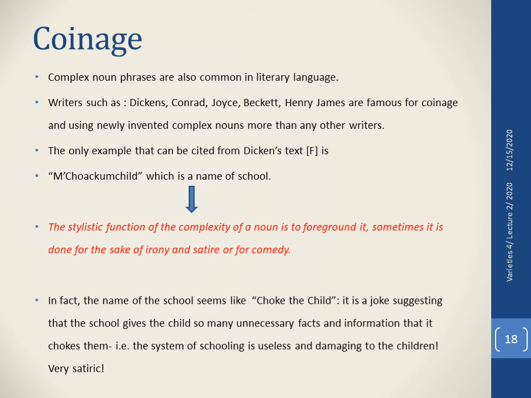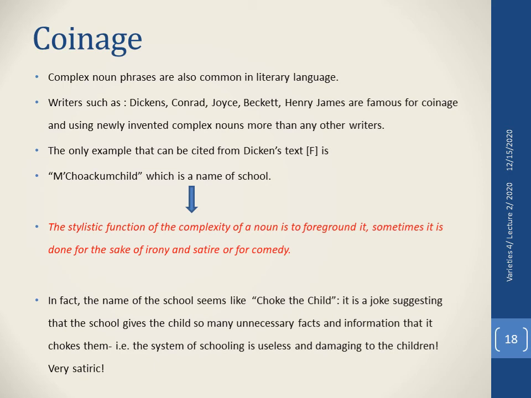So the stylistic function of the complexity of a noun is to make readers think about it, ponder what it really means. So they try to divide the words, these complex nouns, and to come up with something meaningful behind them. So sometimes it is done for the sake of irony and satire, or for sheer comedy.